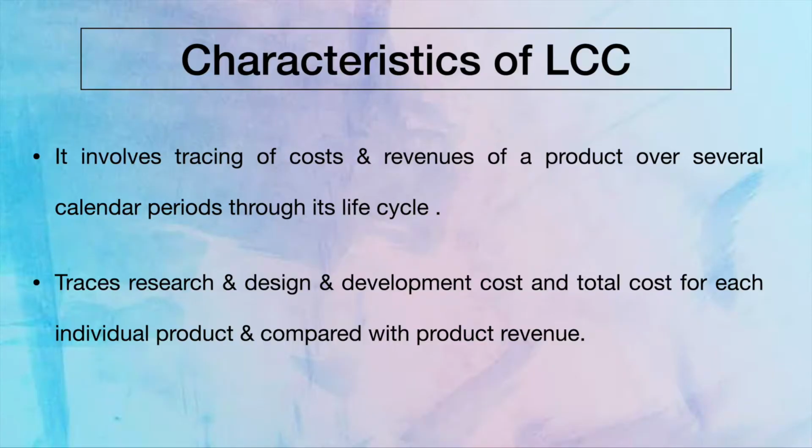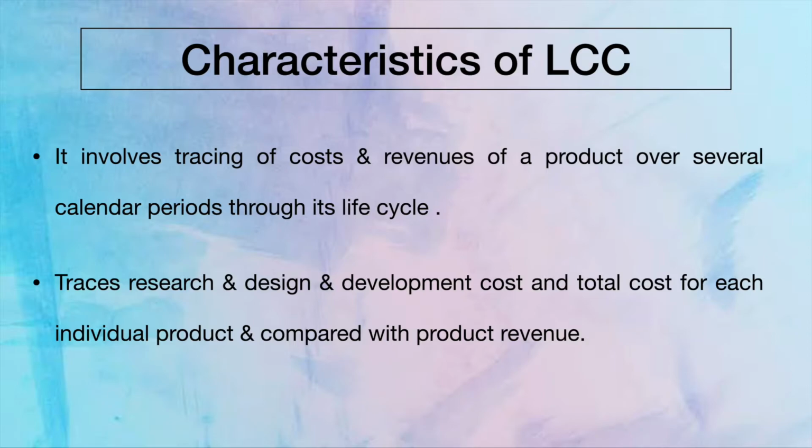Let's understand the various characteristics of life cycle costing. It involves tracing of costs and revenues of a product over several calendar periods through its life cycle. As I told you, when I'm talking about traditional costing, I'm only talking about the initial stage, the manufacture of the product. Under life cycle costing, I am going to trace not only the cost of manufacture, but also the revenue I will earn in the future.